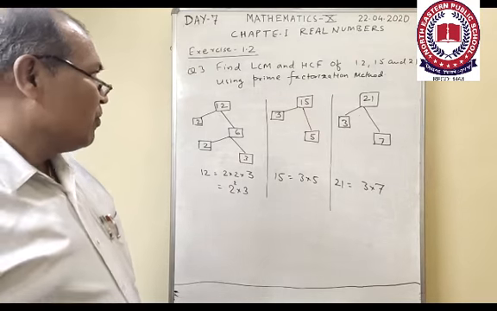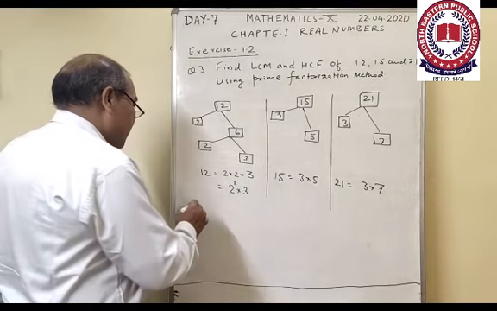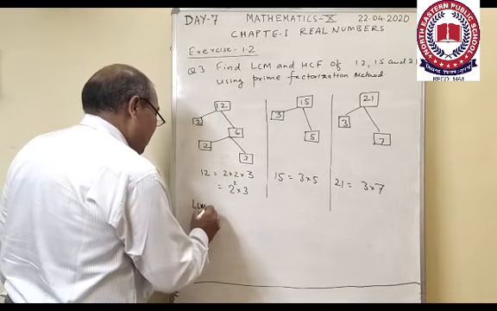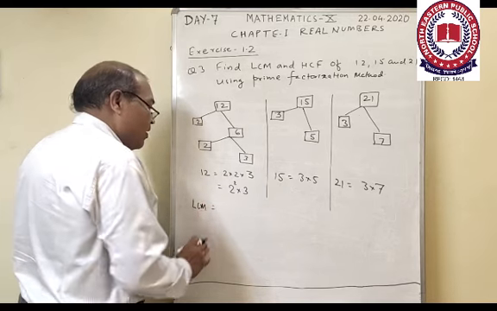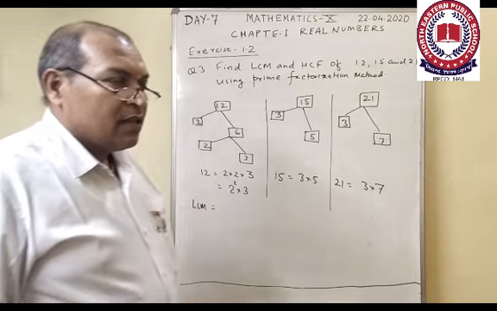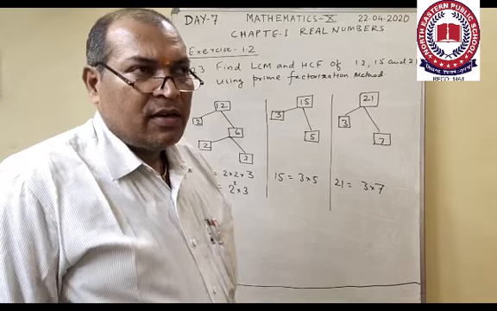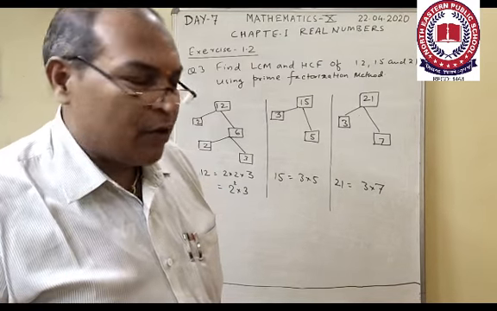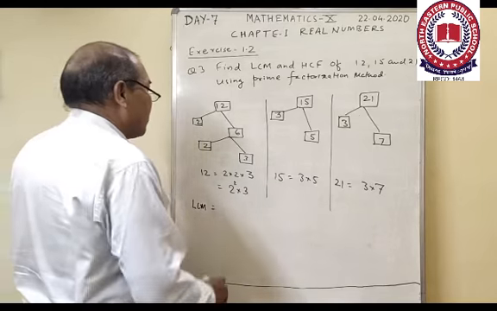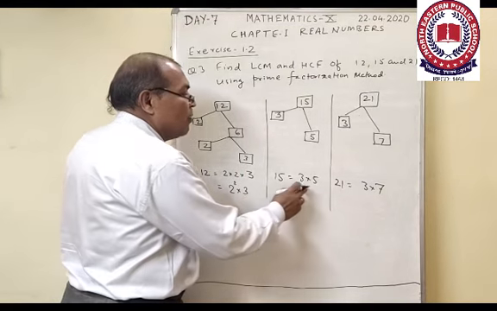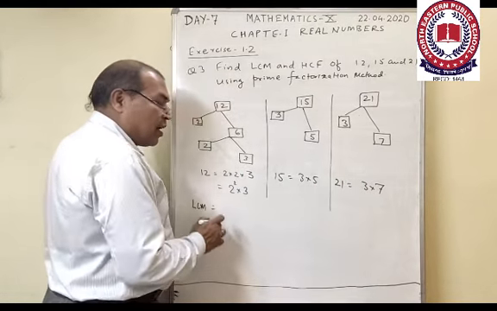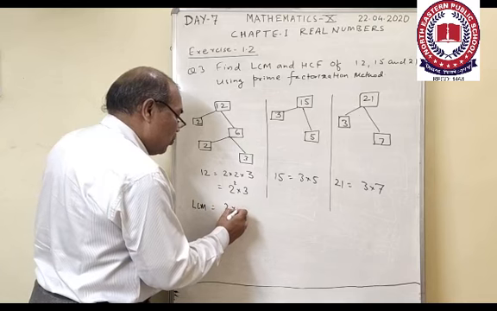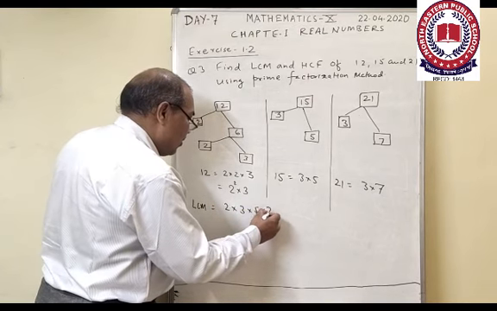After that, to get the LCM, there is a formula: LCM is the product of all prime factors with the highest exponent. So the prime factors of these numbers are 2, 3, 5 and 7. These are different: 2 into 3 into 5 into 7.